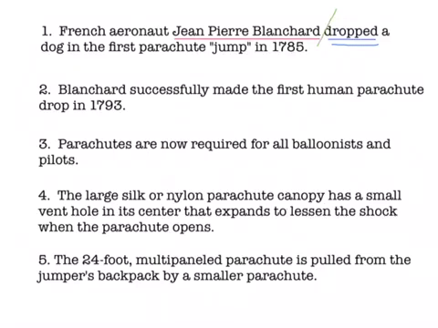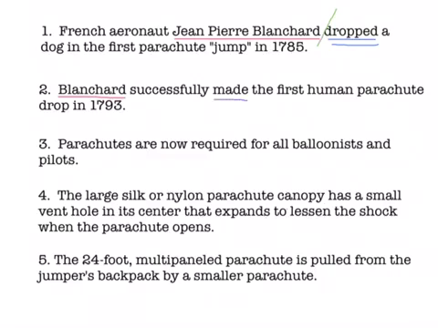Blanchard successfully made the first human parachute drop in 1793. So who or what are we talking about here? Well, we're talking about Blanchard again, so he is my simple subject. What did he do? Now this one's a little tricky because the simple predicate does not come directly after the simple subject. We have to find the verb.